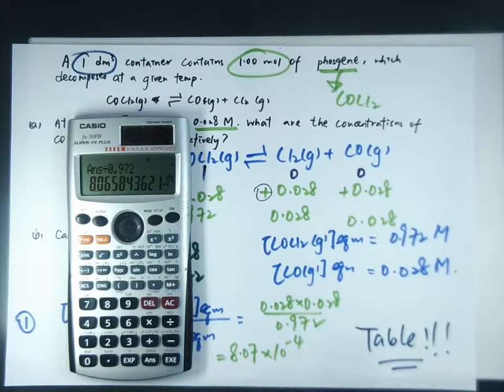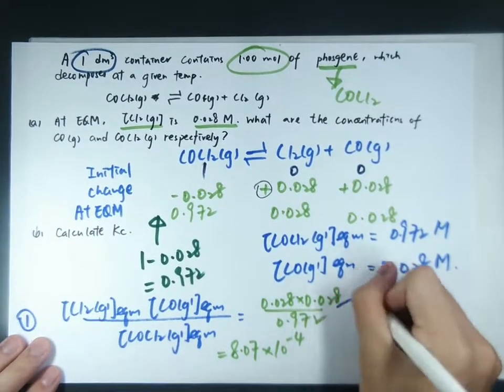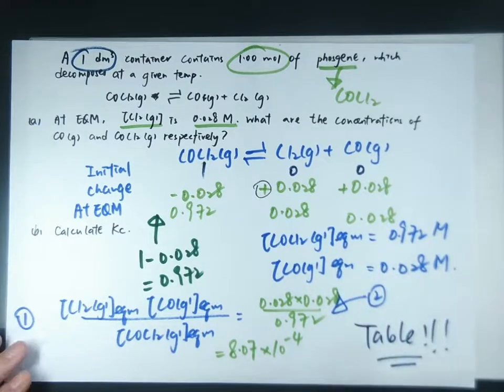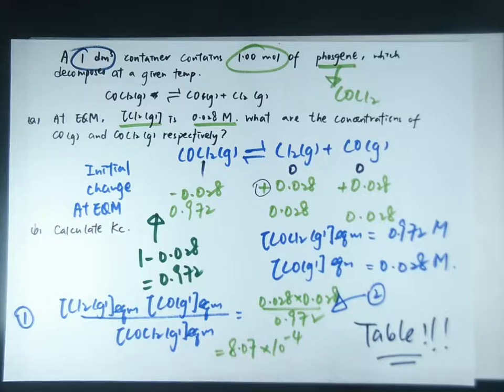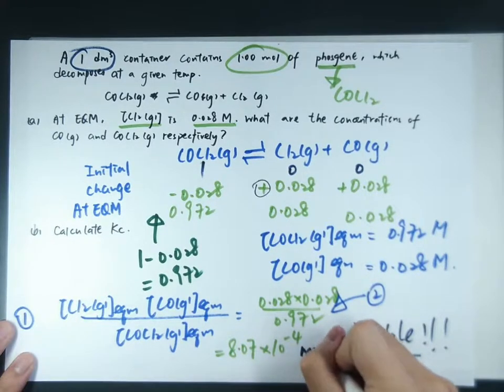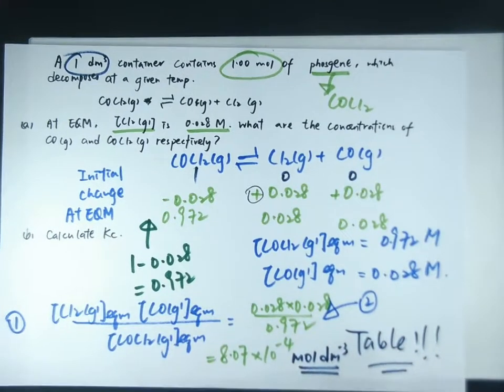The second step is that you substitute the value to find out the Kc, the magnitude of Kc, which means the numerical value. And the third step, we need to calculate the unit. Okay, what is the unit? The unit would be mole per dm cube. Okay, remember to calculate the unit. This will be the third step.